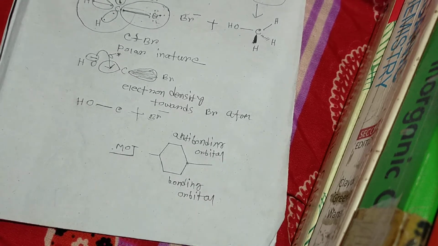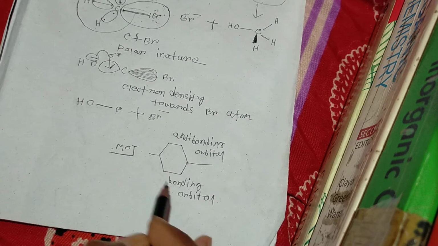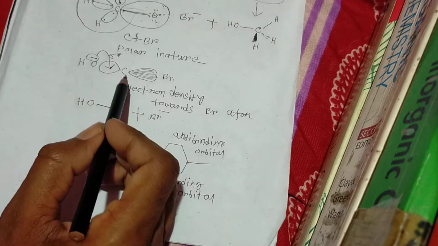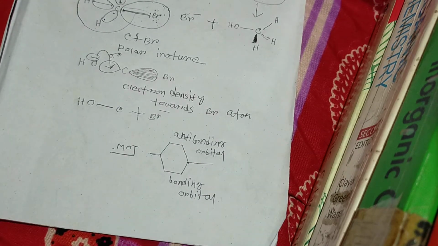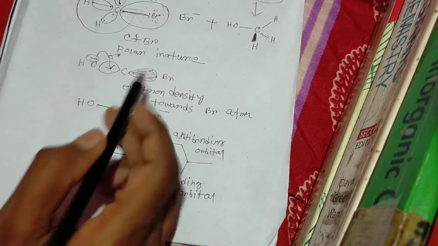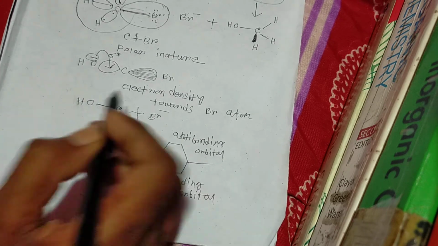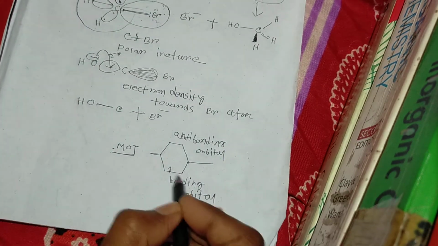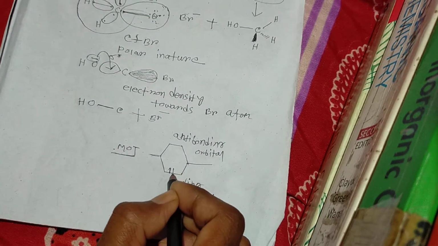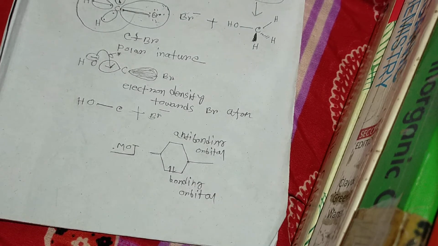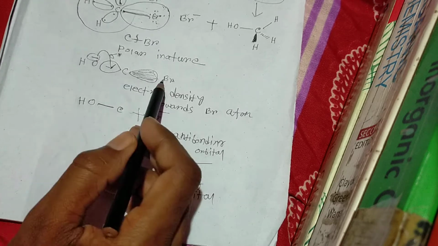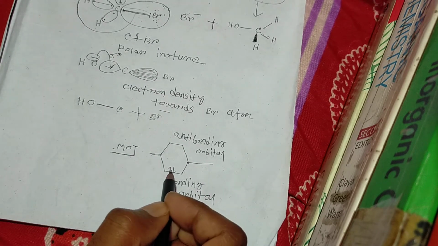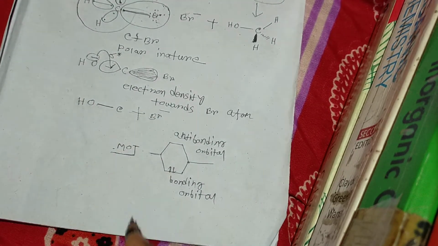Okay? You know, C-Br is a bonding orbital. Carbon has one electron and bromine has one electron, two electrons. So obviously, if a bond formation occurs, that means the bonding orbital has two electrons.